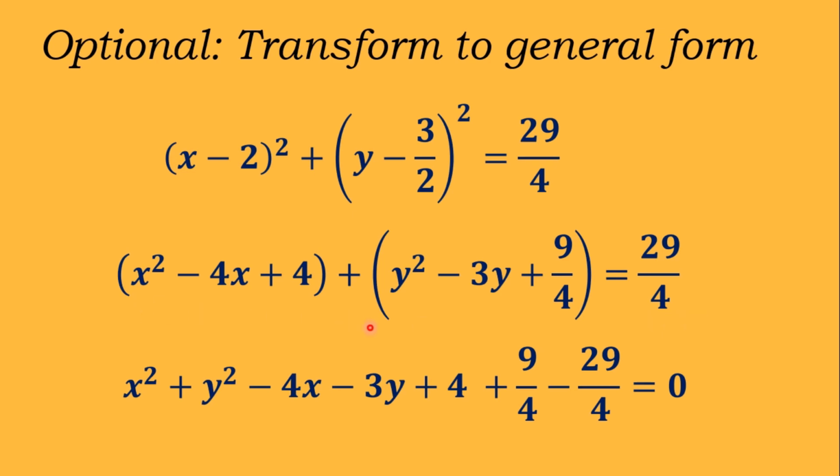And if we eliminate the parentheses and arrange the terms from highest degree, we have x squared plus y squared minus 4x minus 3y plus 4 plus 9 fourths minus 29 over 4 equals 0.